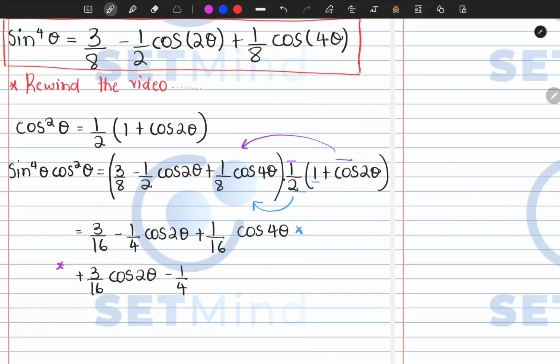The cos 2 theta and the cos 2 theta will multiply to give us a squared, and then plus, this will be 1 over 16. Then if you look carefully, we'll have cos of 4 theta multiplied by cos of 2 theta.